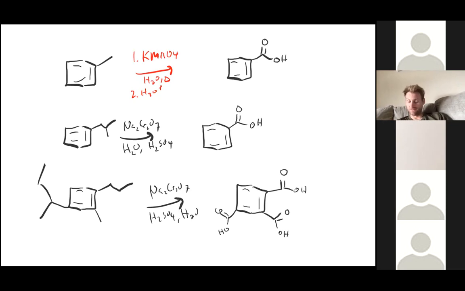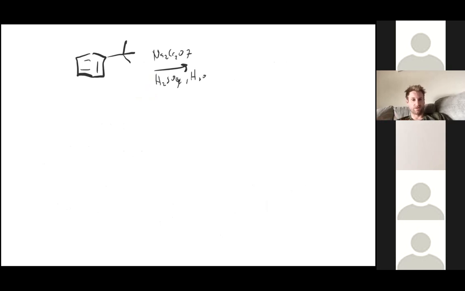The only time that this doesn't work is if you have a tert-butyl. You need to have at least one proton there to pull off to initiate the reaction. Let's say you had a methyl and a tert-butyl.